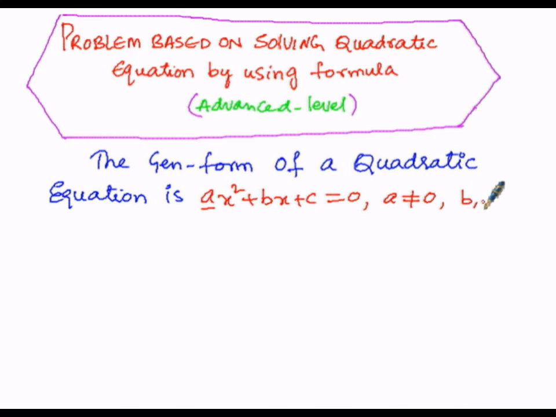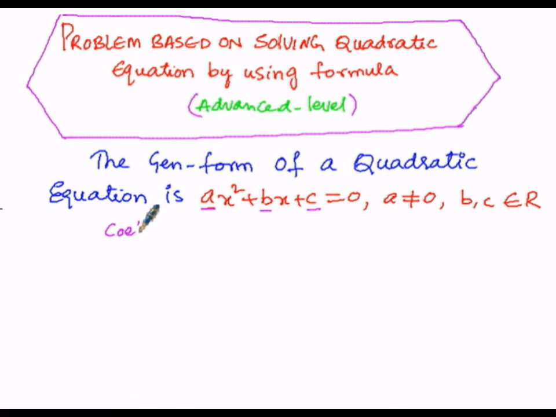So both b and c belong to the real numbers. In ax square plus bx plus c equals to 0, a is the coefficient of x square, b is the coefficient of x, and c is the real constant.